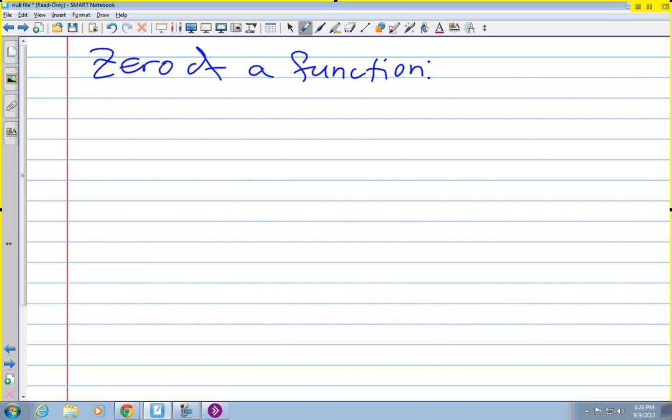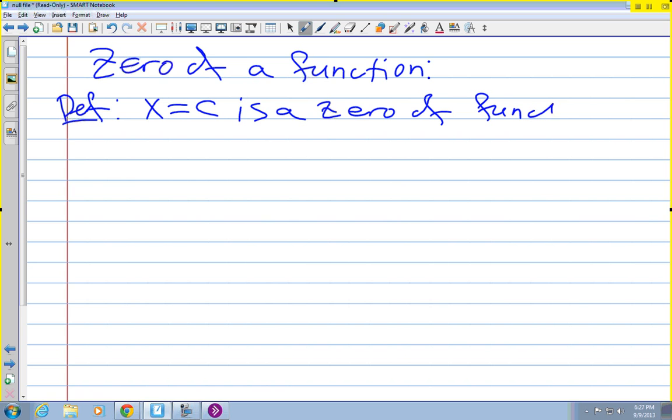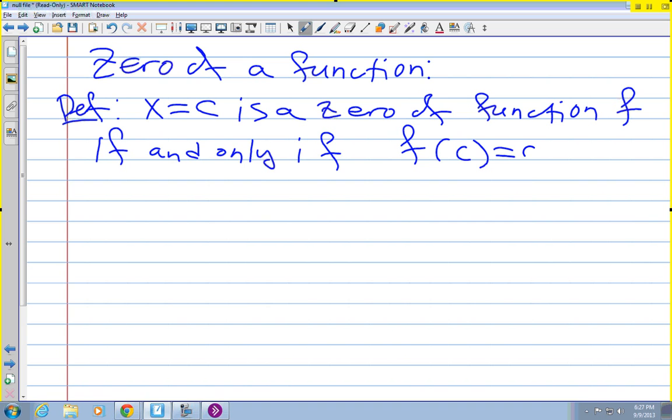Basically the definition is: x equals c is a zero of function f if and only if f of c equals 0. Write this down and I'll talk about it a little bit. Probably it's a little confusing at this point.